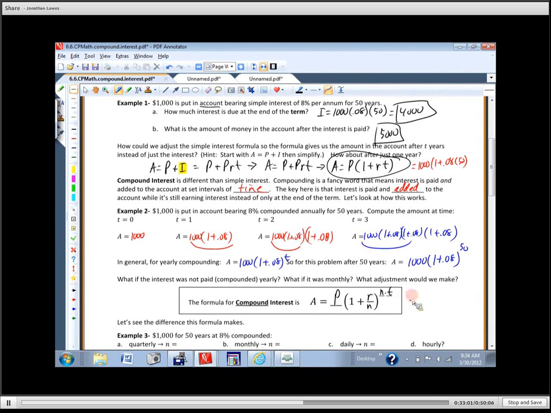What is N? It is the number of times interest is paid per year.